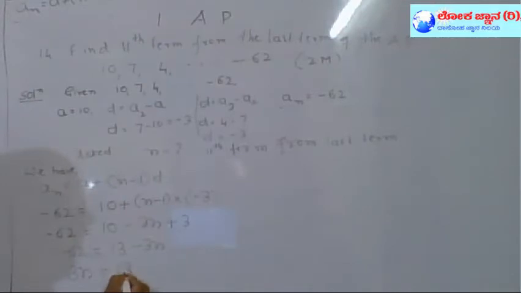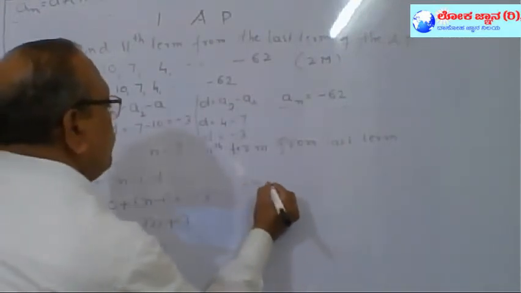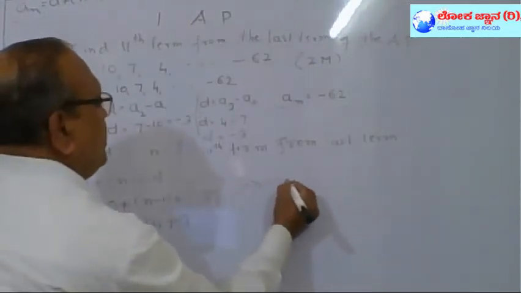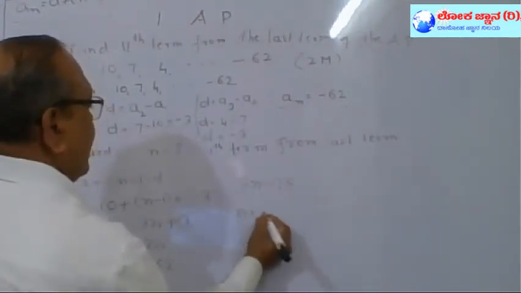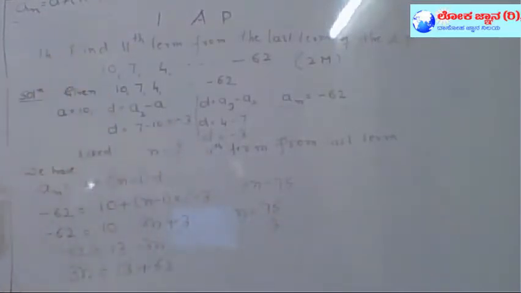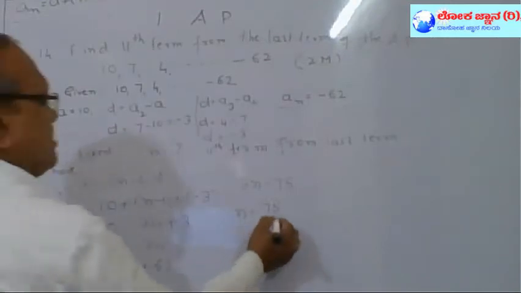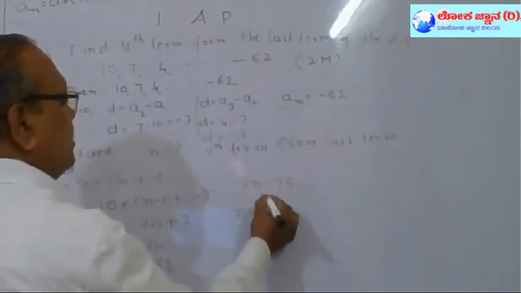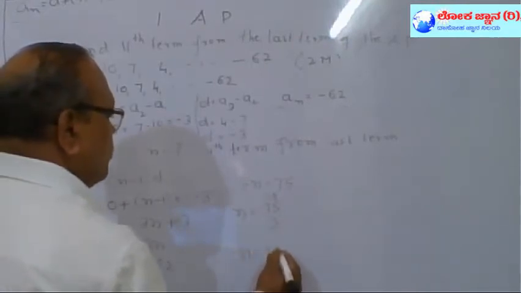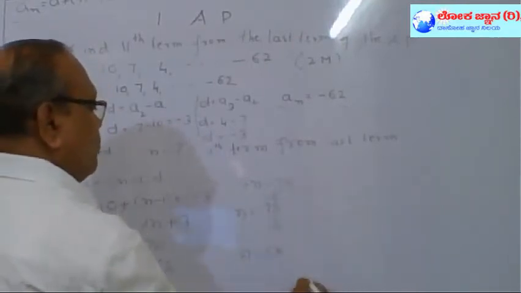Adding 13 plus 62, you get 3n equal to 75, so n is 75 divided by 3. On cancellation, 3 fives are 15, 3 twos are 6, so n is equal to 25.